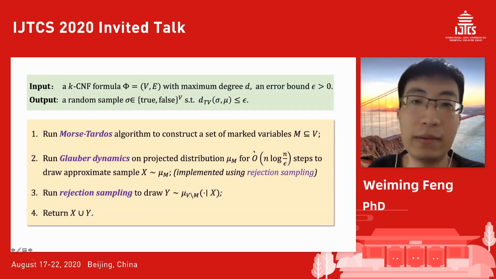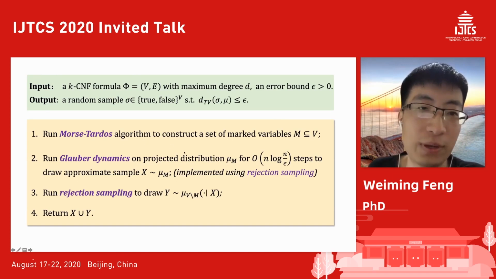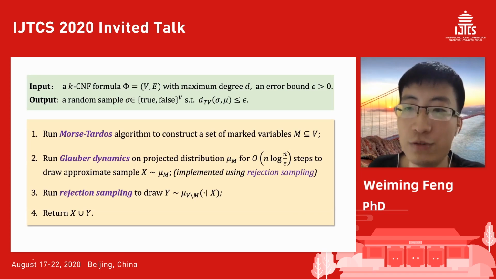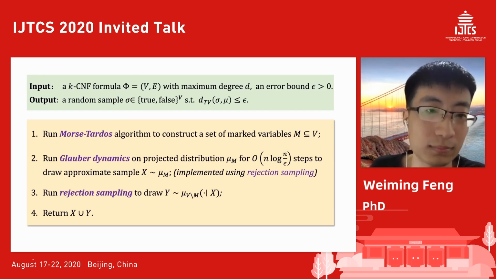Now, by combining the previous steps, we can obtain our final algorithm. First, we run the marking algorithm to construct a subset of marked variables M. Then we use the global dynamics on the subset M to draw a sample X from the distribution mu M. Here, for each step of the global dynamics, we use the rejection sampling to implement the transition of global dynamics.